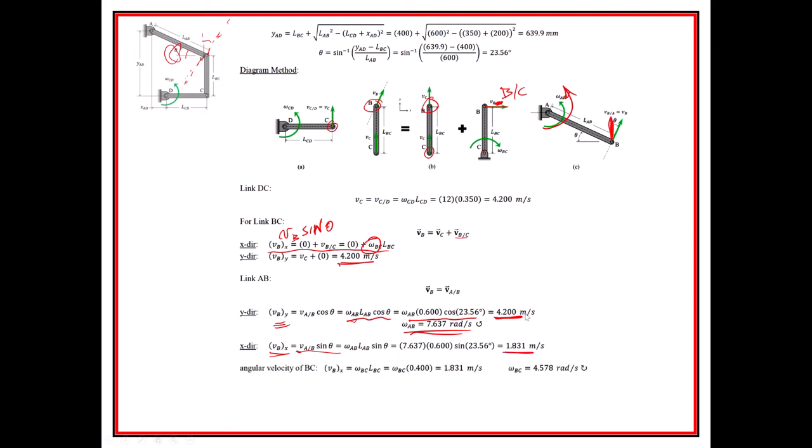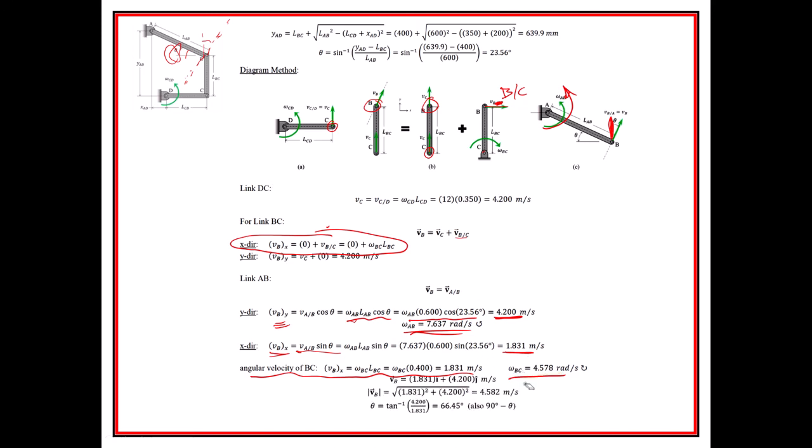And so what we could get is the total velocity. Let's see. We could get the angular. Oh, now we can go back up here, right? So I'm using this equation right up here, and I'm finding the angular velocity from that. So now I have the angular velocity of BC as well.